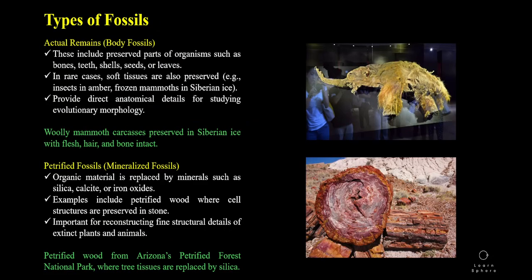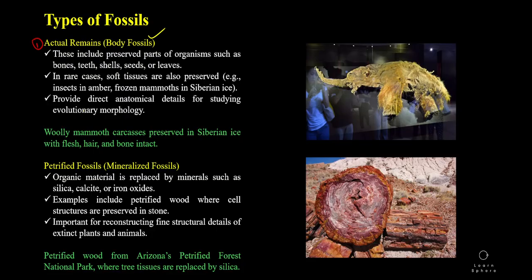Clear? Then the types of fossils. The first type is actual remains or the body fossils. These types of fossils include preserved parts of organisms such as bones, teeth, shells, seeds or leaves.